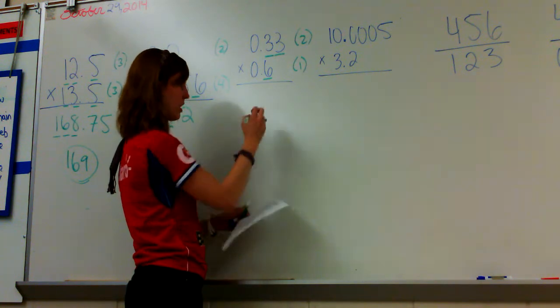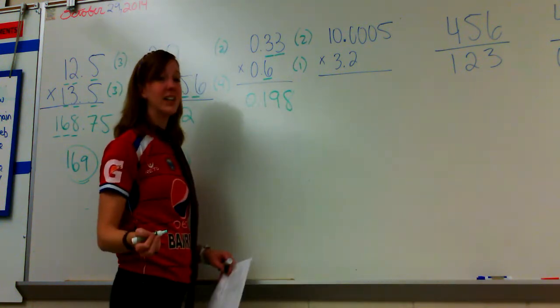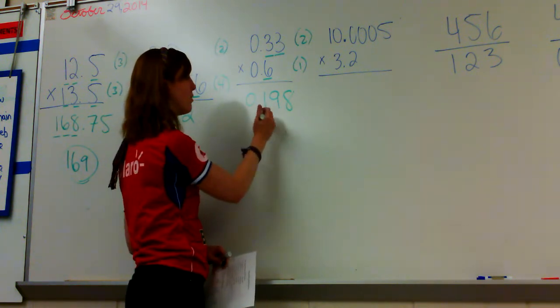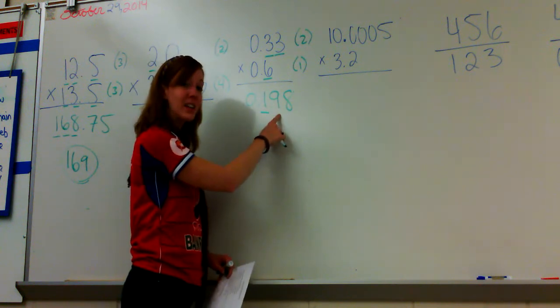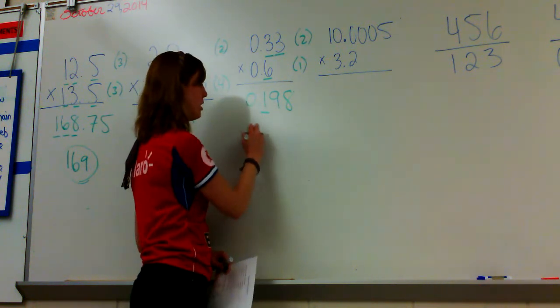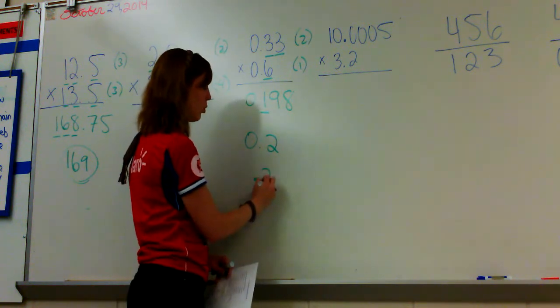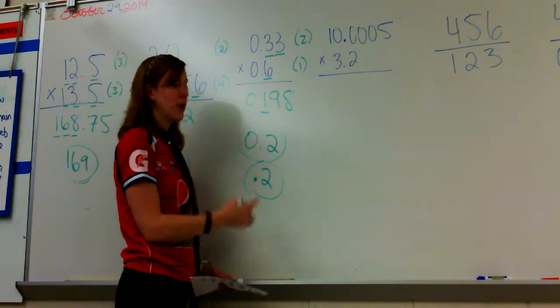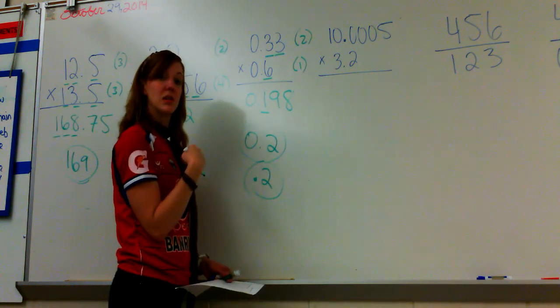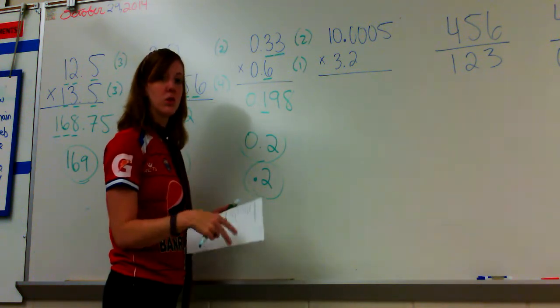When I multiply, my calculator says 0.198, but I can only have that 1 significant digit. But there's a 9 there, so I want to round it up. So my final answer will be 0.2 or .2. These are the same number. I like to put that 0 there myself because it makes it easier to read, but .2 is also correct.